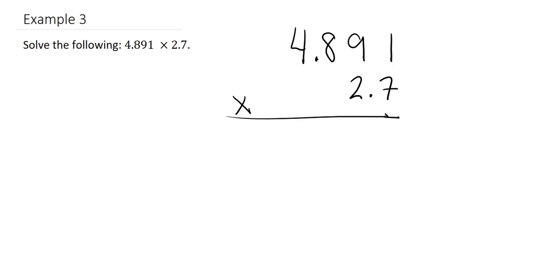1 times 7 is 7. 7 times 9 is 63. We put the 3 below, carry the 6. 7 times 8 is 56, plus 6 is 62. Put the 2 below, carry the 6. 7 times 4 is 28, plus 6 is 34.